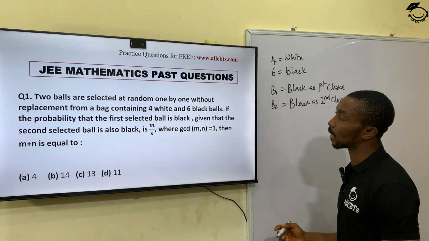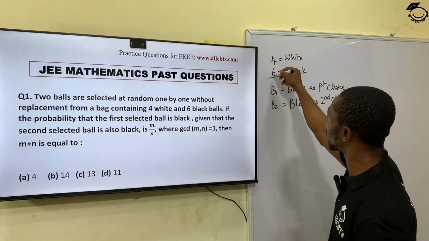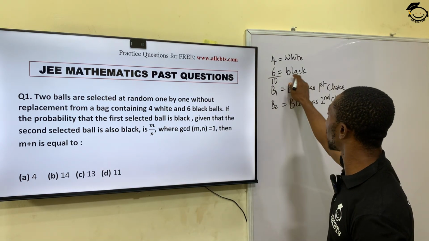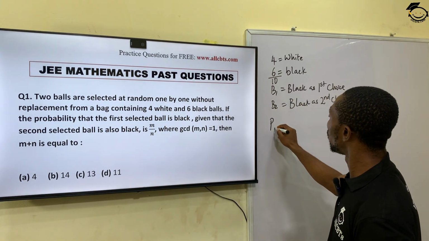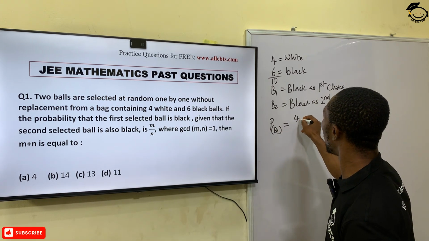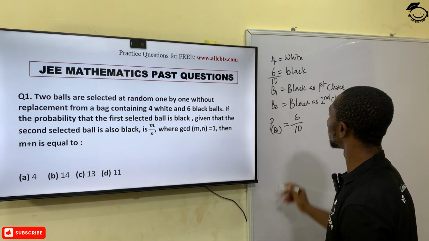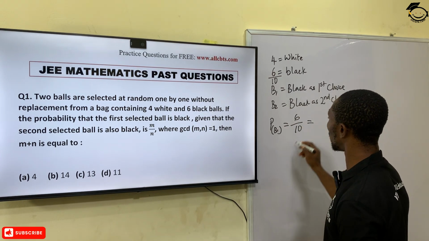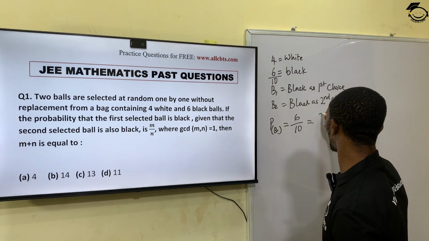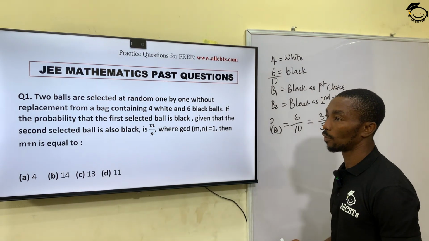Now, first off, the total number of balls we have in our bag will be 6 plus 4, which will give us 10. So the probability of B1, a black ball first, will be 6 over 10, which when broken down gives us 3 over 5.